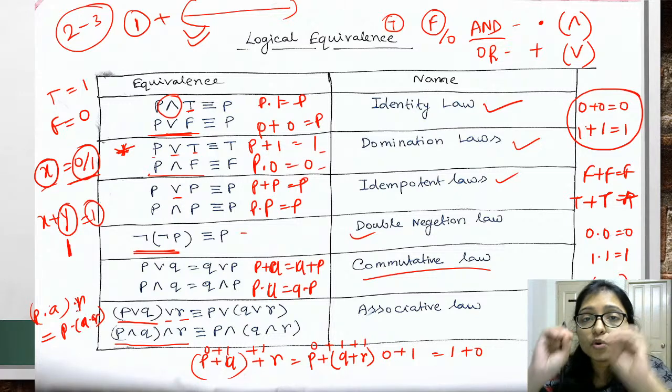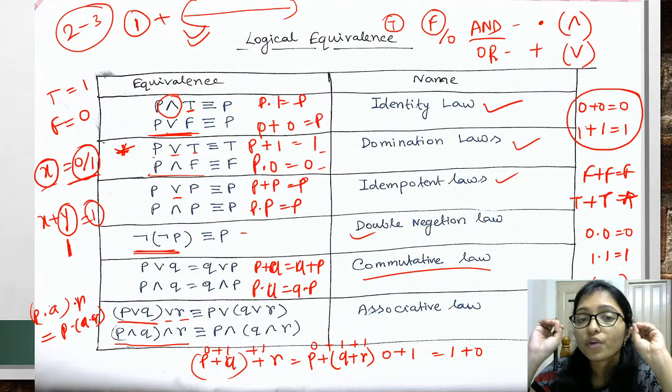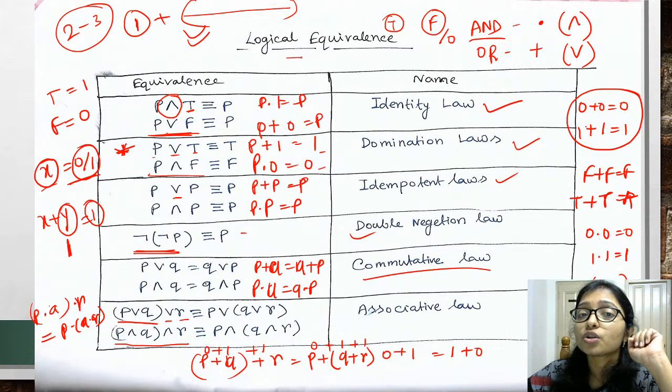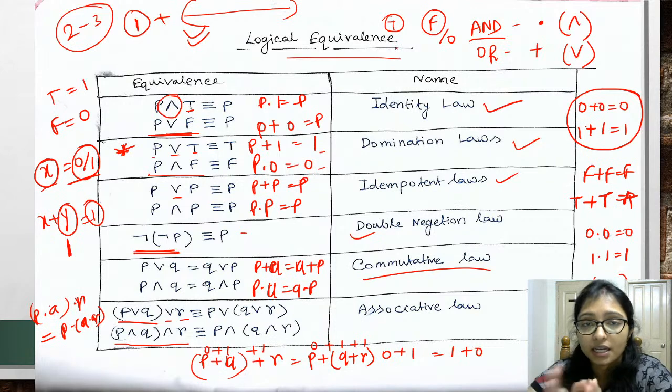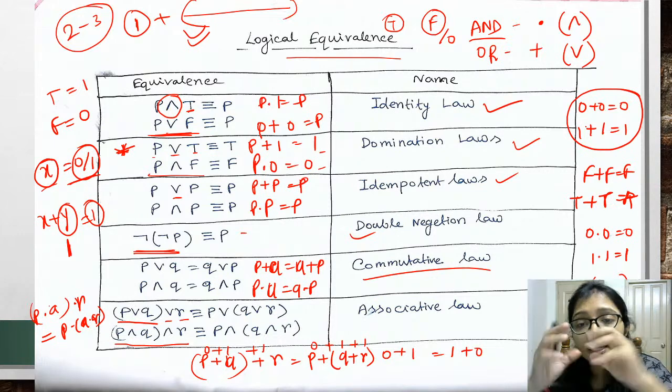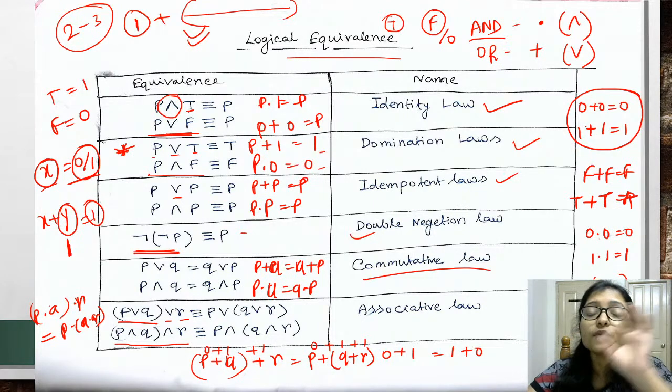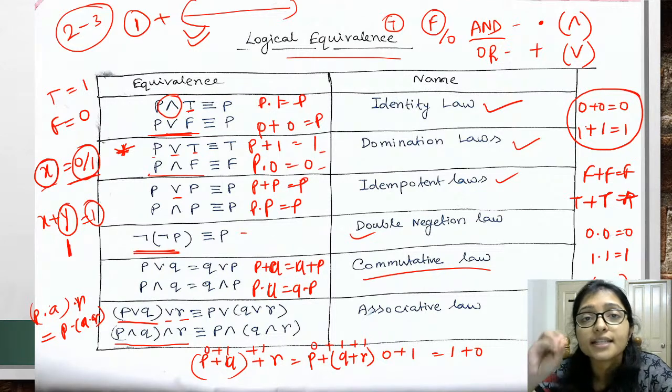Always try to put some 0 and 1. When you are learning the formula, don't do rote learning. Don't try to learn it like cramming. This formula is common for propositional logic and digital logic. Always try to put the values 0 and 1 and understand why it is coming.